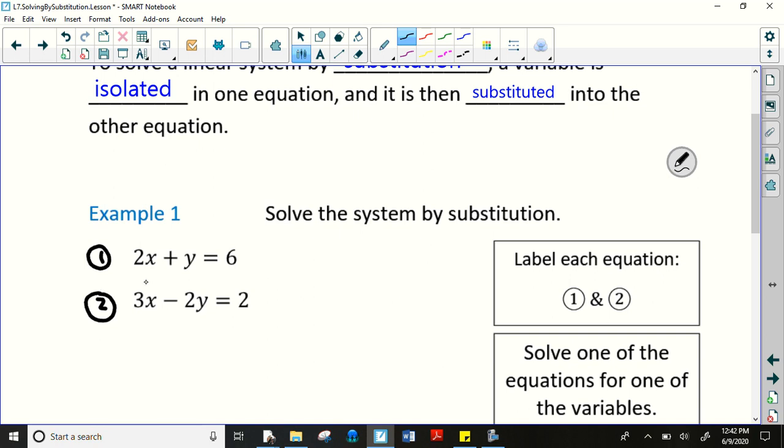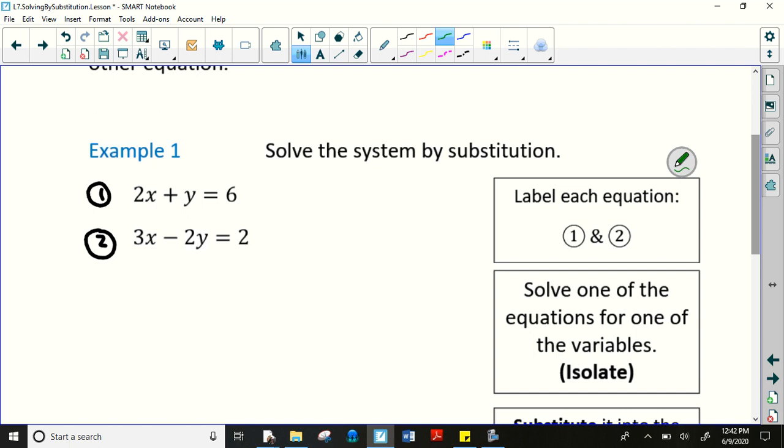Then you're going to look at these two equations, and the first question you're going to ask yourself is, is there a variable that's already by itself? So I've got a 2 here, I've got a 3 here, I've got a negative 2 there, but this one right there has a positive 1.